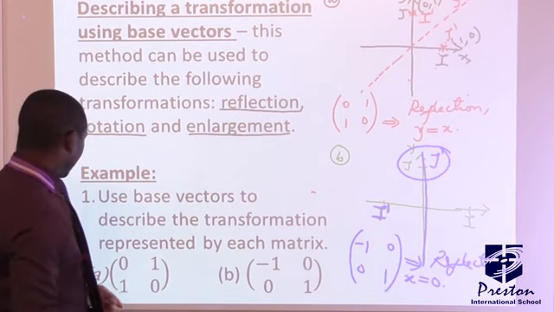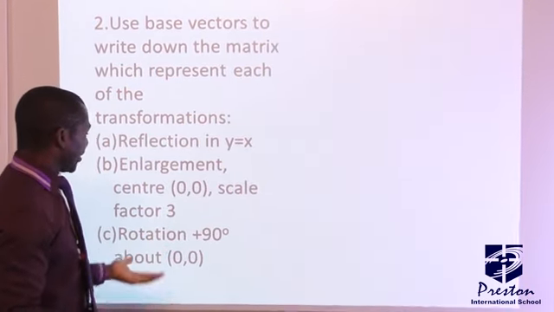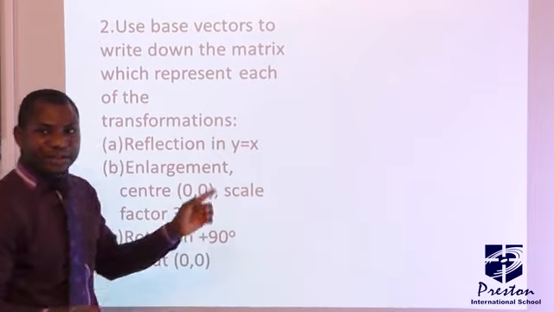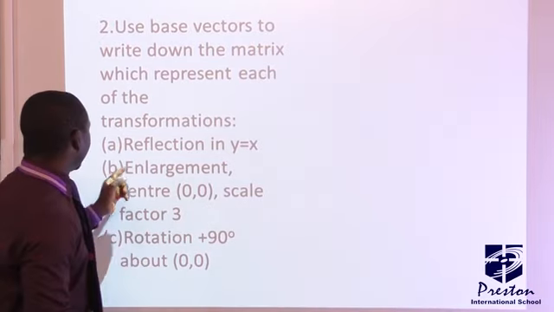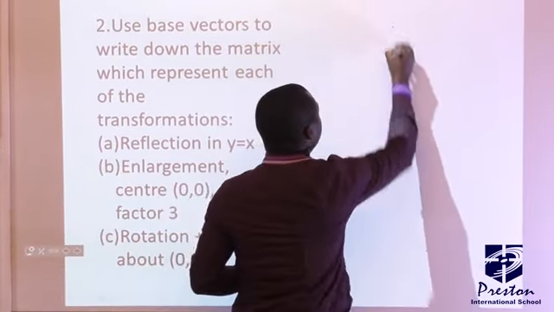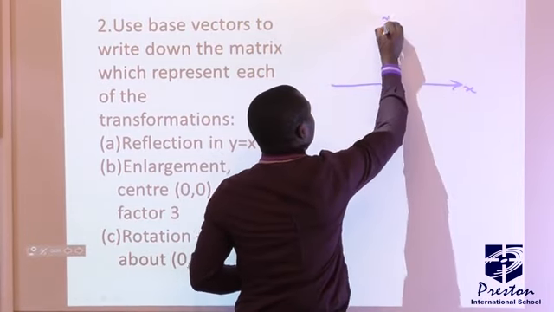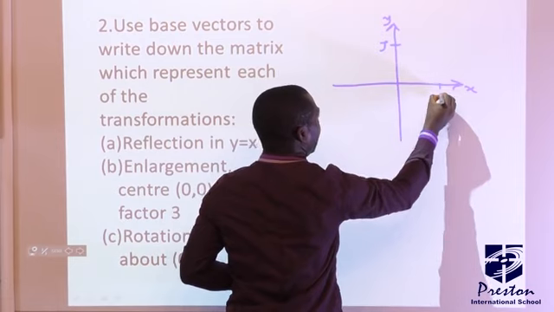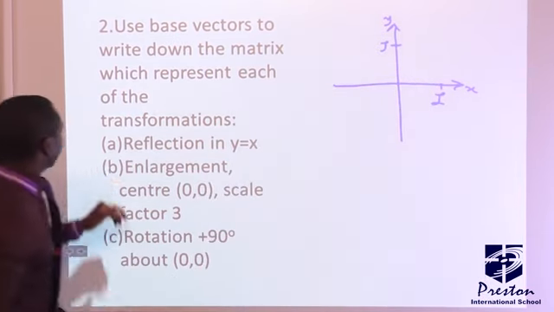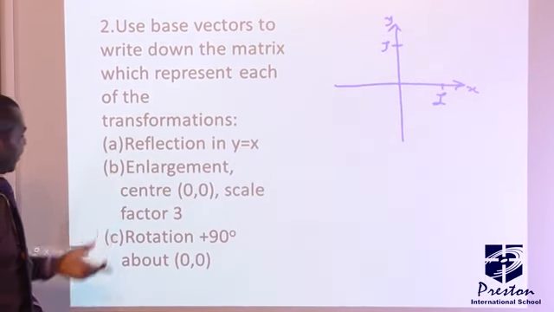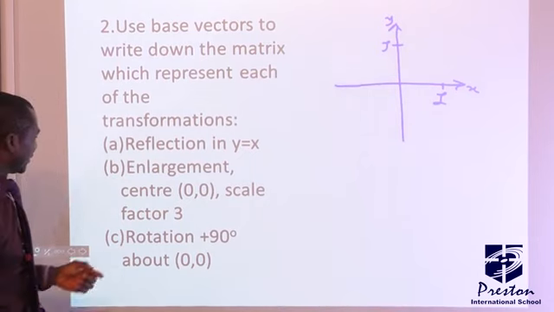So now for this other one, let me just take one question so we end for this. Using still the same base vectors, I have J and I have I. I've done reflection. Let's just take this question on enlargement.